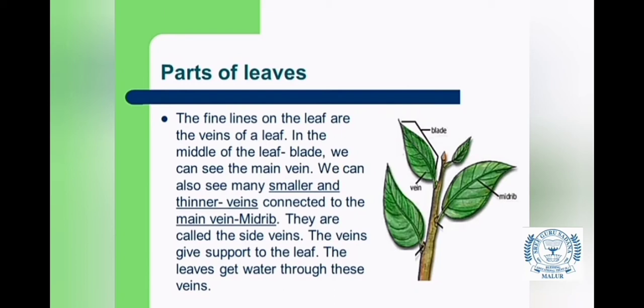The thin veins, which are the lines you can observe in the leaf, are connected to the main midrib. So all veins are connected to the midrib. They are called the side veins. The veins give support to the leaves. The leaves get water through these veins.